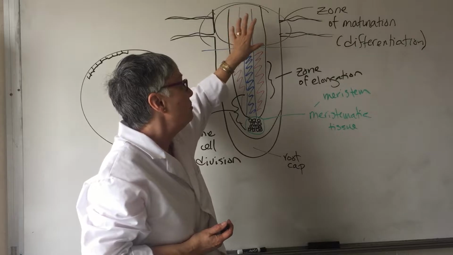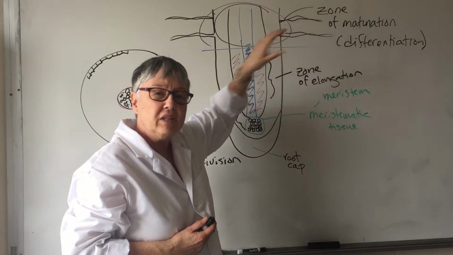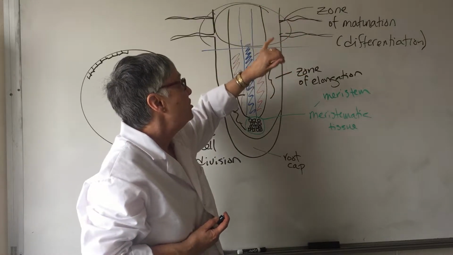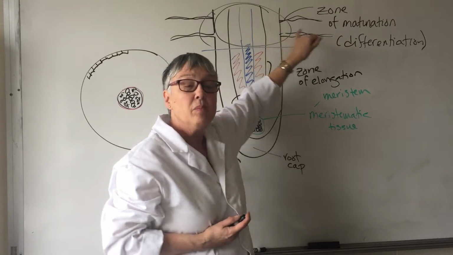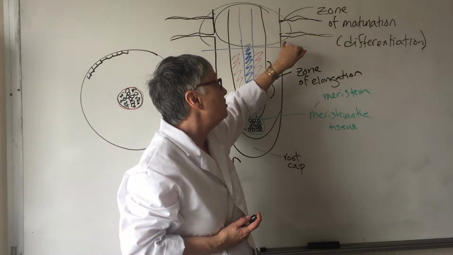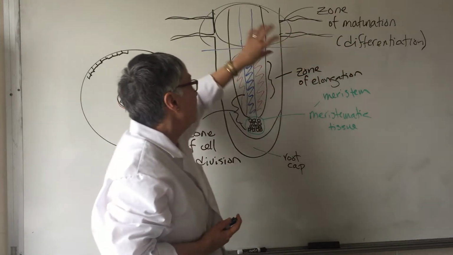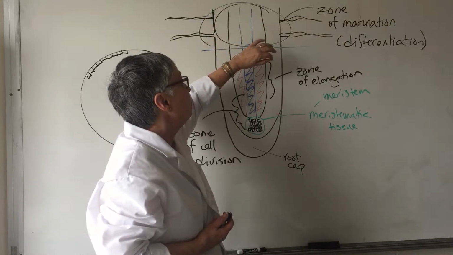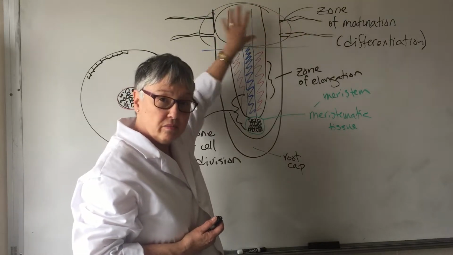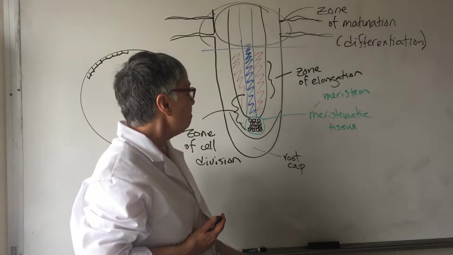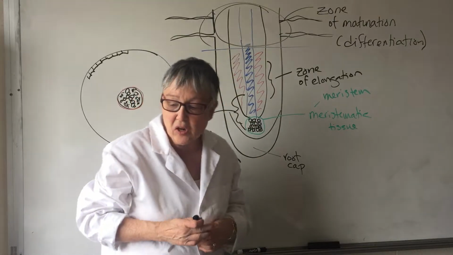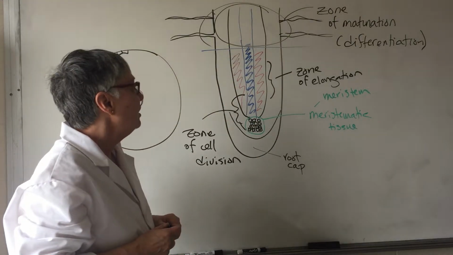They've become adult cells, so to speak, and they've taken on specific functions. So this is where we see some of the epidermal cells giving rise to root hairs. We also see xylem and phloem tissue and so on. So these are the different areas in a growing root.